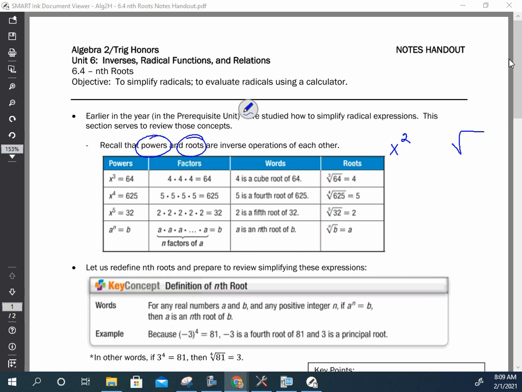So the same thing applies with x to the third and the cube root of a number. X to the fourth root, x to the fifth root, so on down the list. The exponents can be bigger and bigger, and the roots can be bigger and bigger.